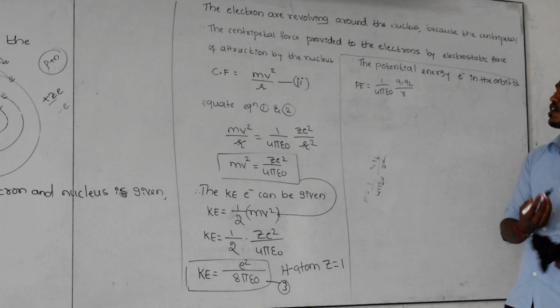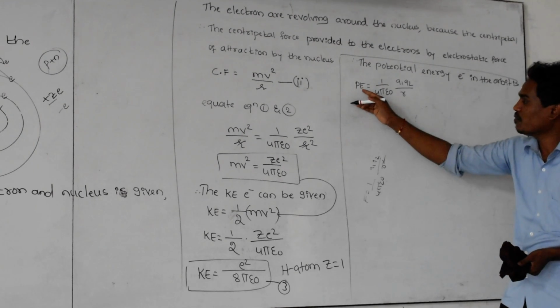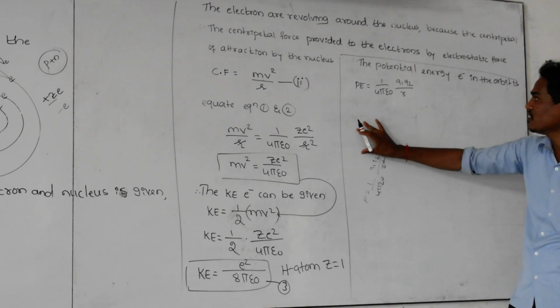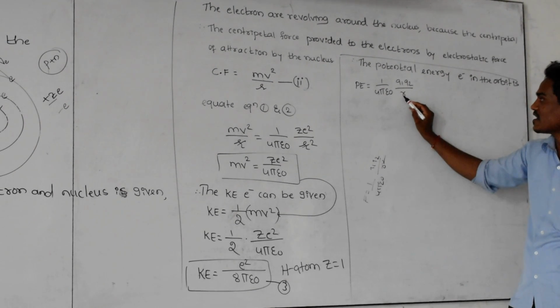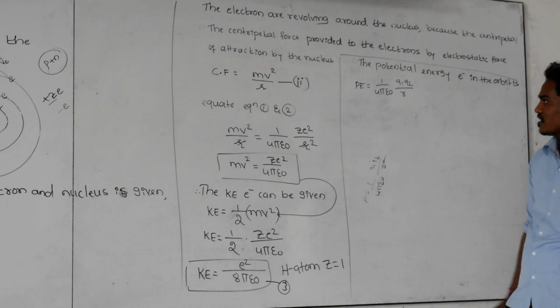But whenever you find the electric potential energy between two charged particles, we consider R, not R square. There is a difference between force and potential energy.